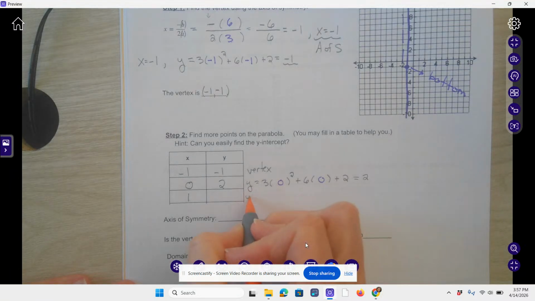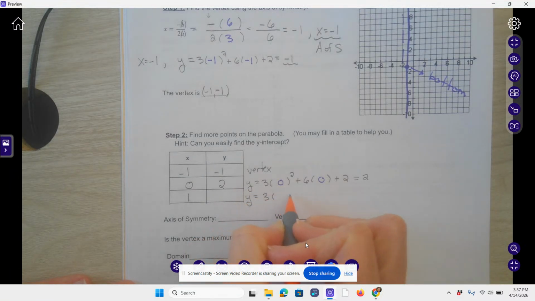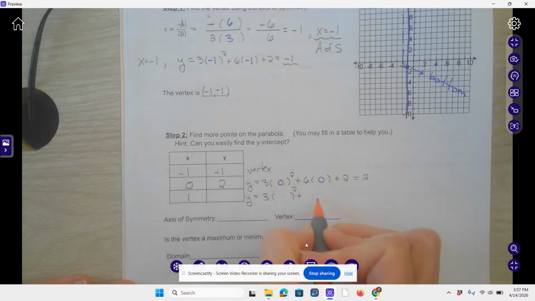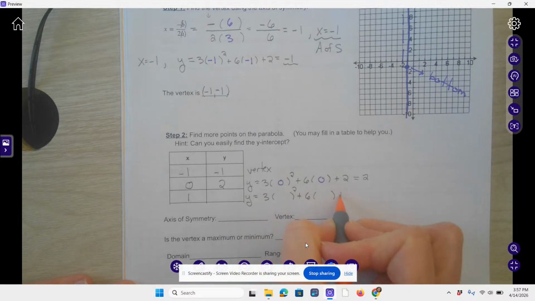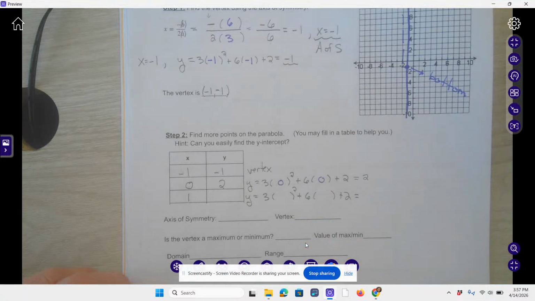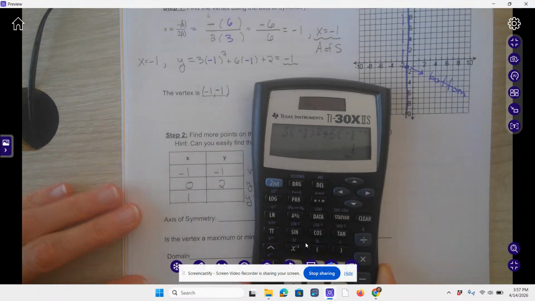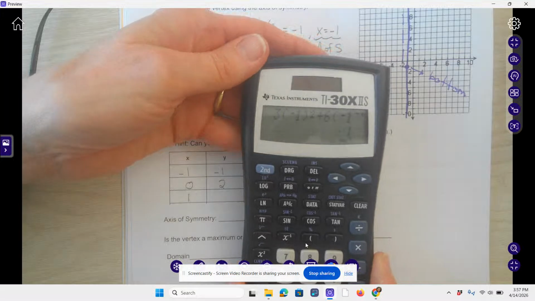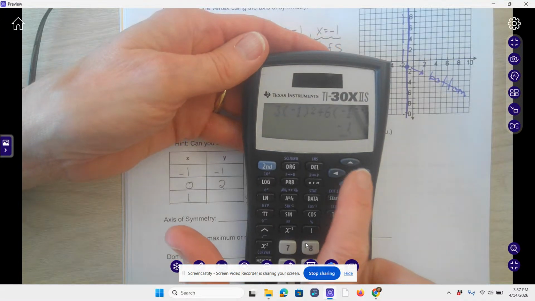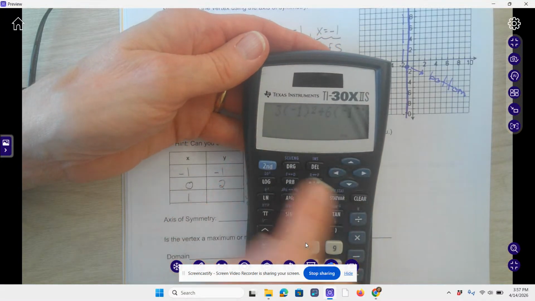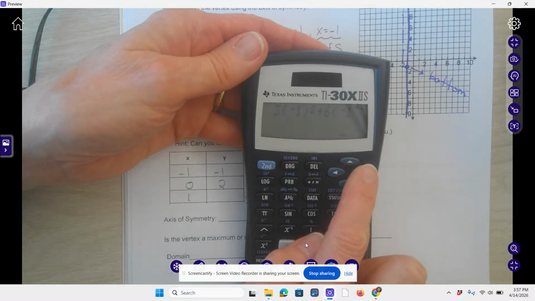Now let's do it again with, oops, don't forget your squared. But this time we are substituting in x equals 1. So I'll give you a minute to write that. And then I'm going to go to my calculator. If you use this up arrow, I can go right, I don't have to type everything in again on that equation.